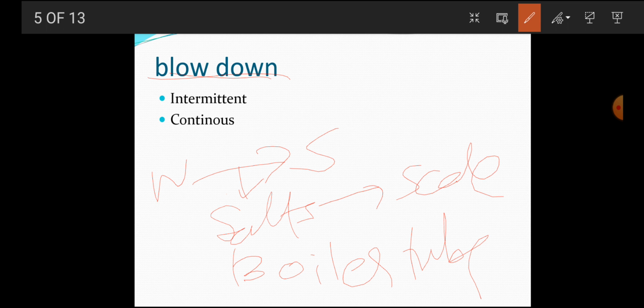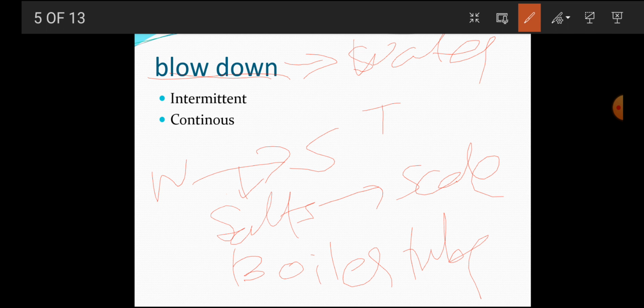So it is a process where a certain volume of water is blown off. So in which we blow off some volume of water content. We blow down water and it is automatically replaced by new feed water, and thus maintaining the optimum level of total dissolved salts.